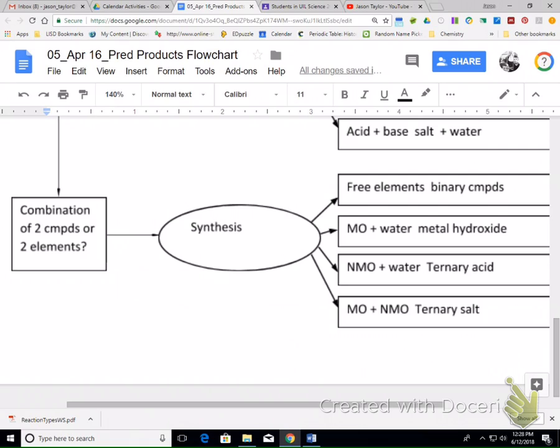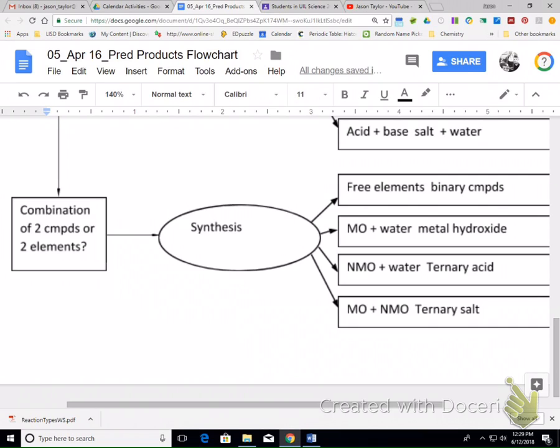Then the third type would be non-metal oxides, such as sulfur dioxide, nitrogen dioxide, carbon dioxide, and so forth. Any non-metal with oxygen, you put those in water, you're going to make ternary acids, our oxyacids that we've learned about. And then the final type is how to make a ternary salt.